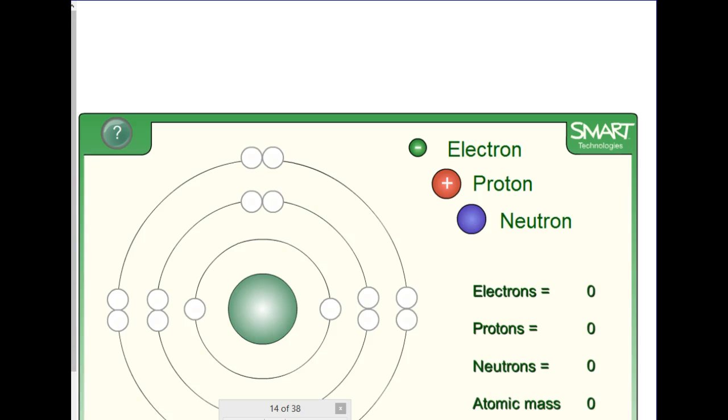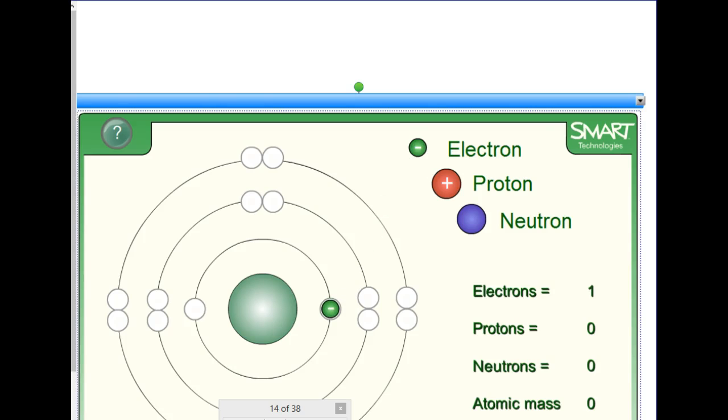That's why this is attract. Things want to have filled energy levels. So hydrogen, which is really unique, only has one electron in its outer energy level.